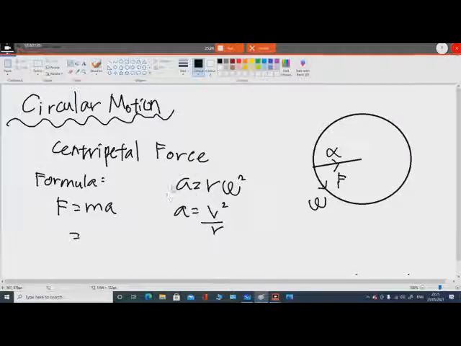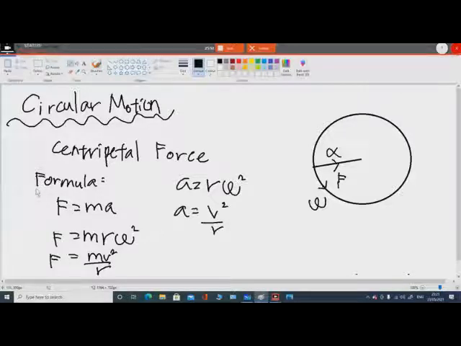So both of these a can be substituted in this formula. What we get is F is equal to m r omega square as well as m v square over r. So this is the formula for centripetal force.